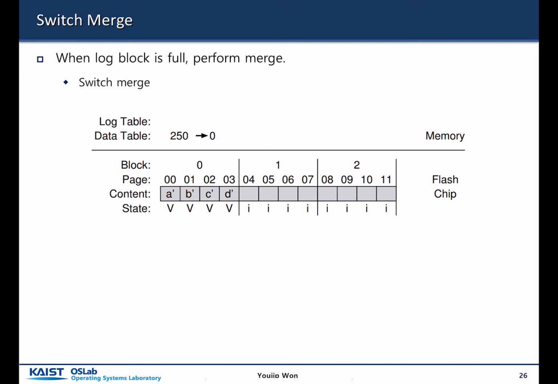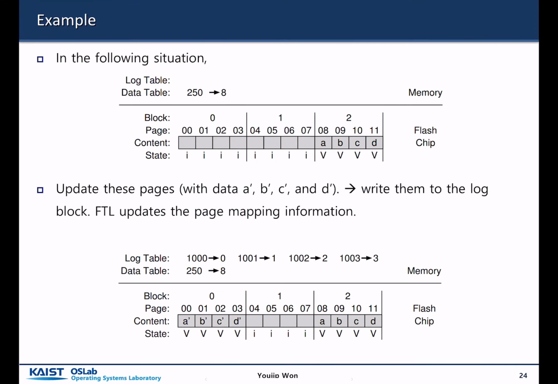The first type of merge, which is the easiest merge, is switch merge. In the previous example, we updated all 4 pages of the data block, so the log block is full. And then we just switch the log block to the data block and the original data block becomes free. Let me go back a few slides.